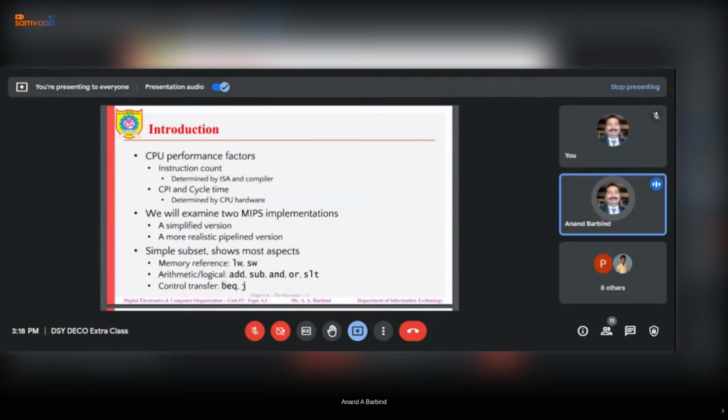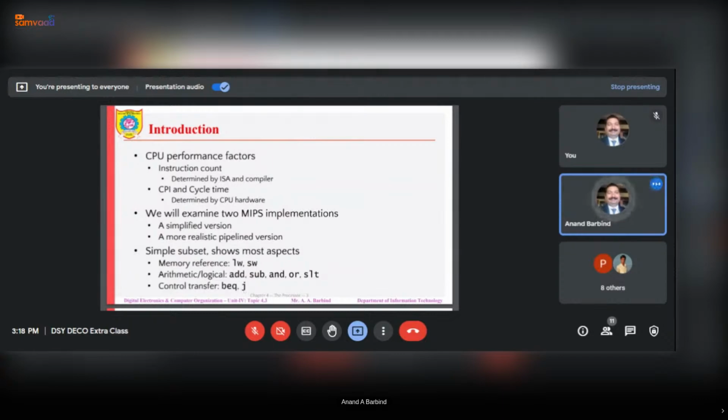There are arithmetic instructions: add, subtract, and, or, SLT. These are the logical or arithmetic instructions. And the control transfer instructions are BEQ and J. BEQ is branch if equal, and J is the jump instruction.